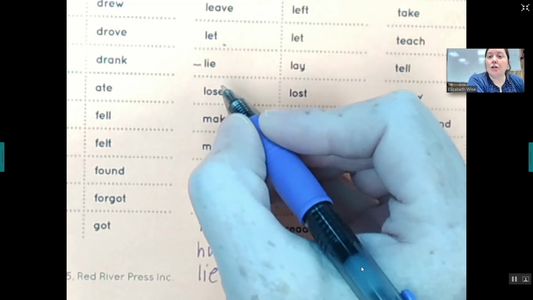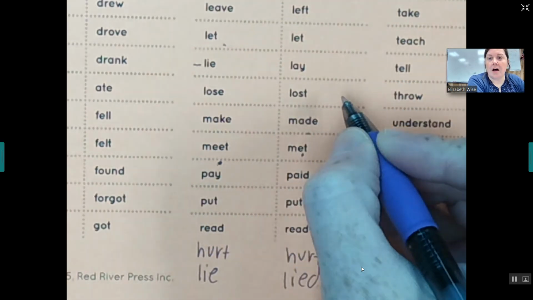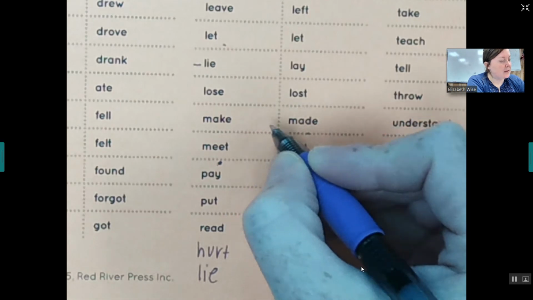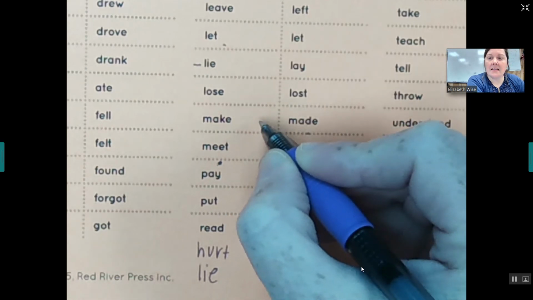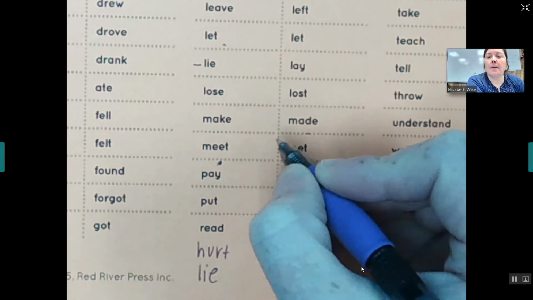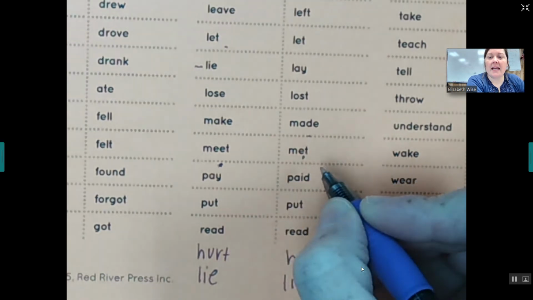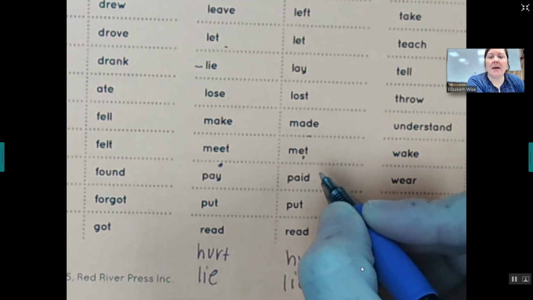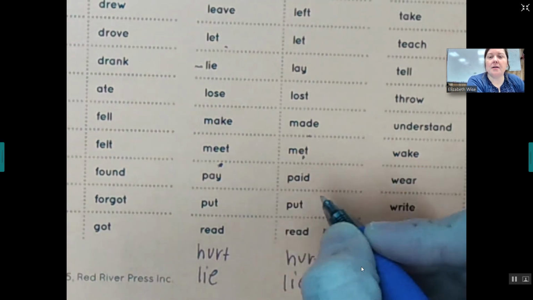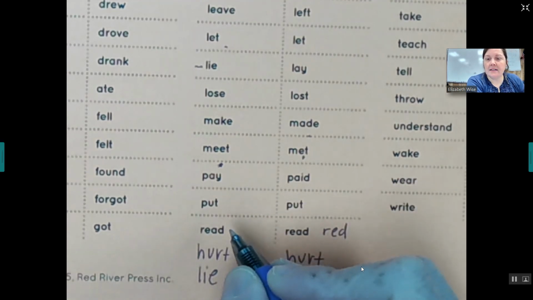Lose, lost. Make, made. Meet, met. Pay, paid. Put, put.